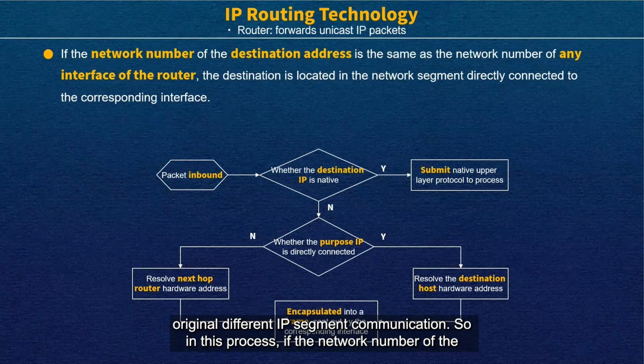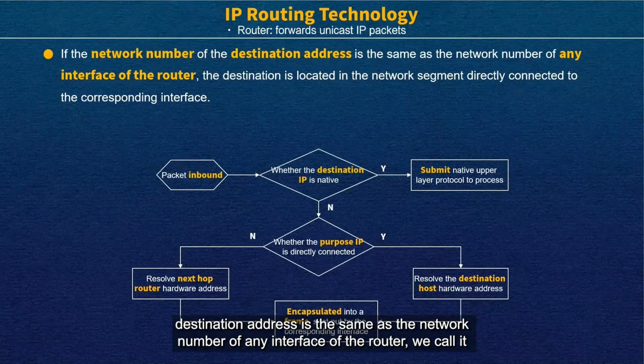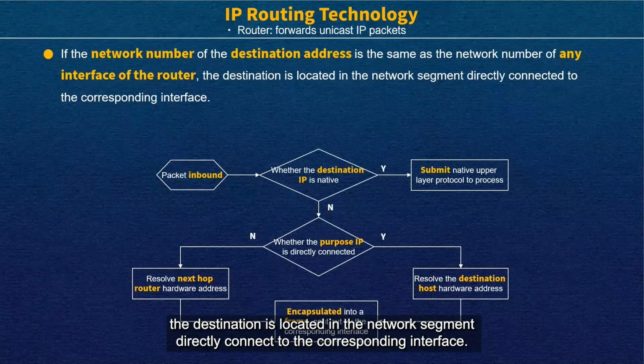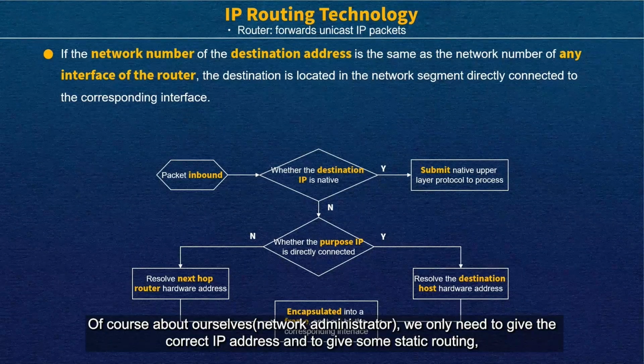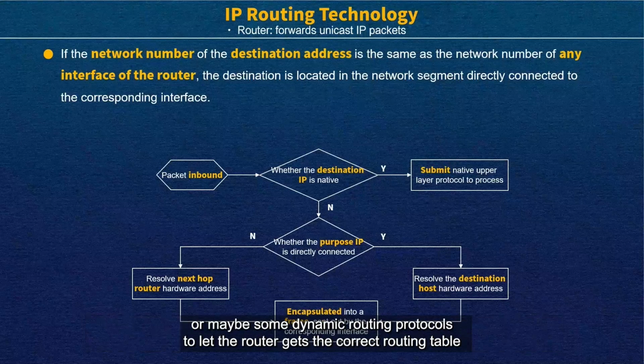So in this process, if the network number of the destination address is the same as the network number of any interface of the router, we say the destination is located in the network segment directly connected to the corresponding interface. Of course, ourselves, we only need to give the correct IP address and some static routing or maybe some dynamic routing protocol to let the router get the correct routing table.